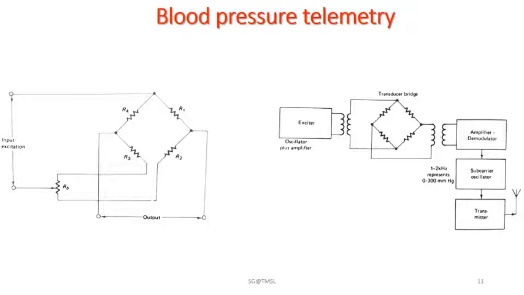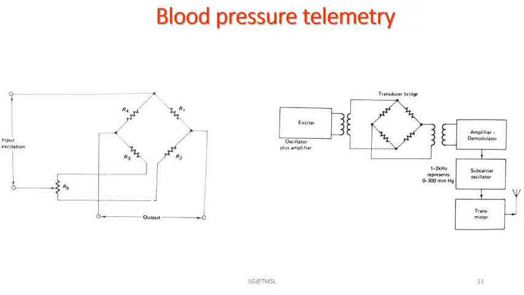The modulated subcarrier is then used to frequency modulate the main radio frequency carrier, and the carrier is transmitted at very low power on a frequency band specially designated for biotelemetry systems.